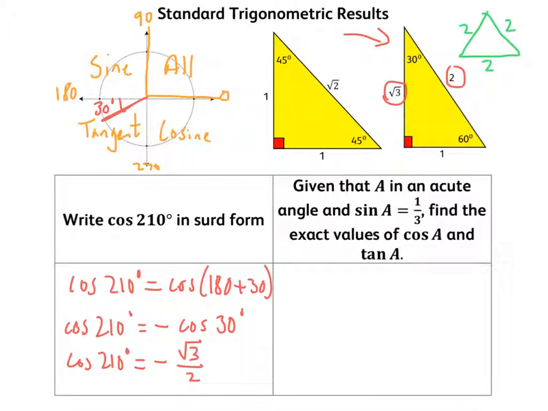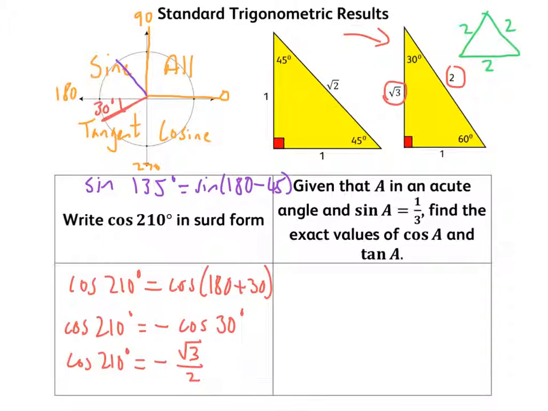So you can relate everything to a different angle. So here we go. If I had, for example, sine of, let's say, sine of 135. I'm going to rewrite that as sine of 180 minus 45.